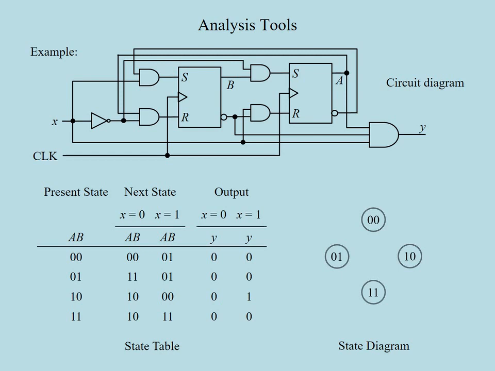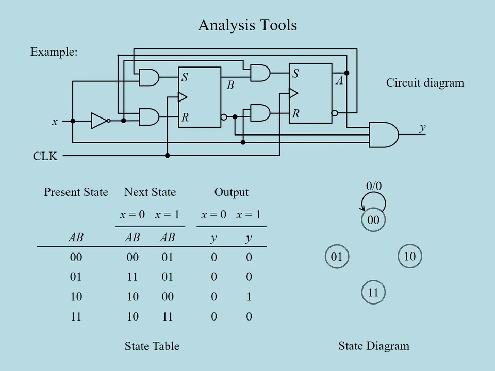The first line of the state table tells us that if the circuit is in state 0 0, and if the input X is 0, then the next state will again be 0 0, and the output will be 0. This information is shown on the state diagram by an arrow outgoing from 0 0 and pointing to the same state. The input and output values are indicated on this arrow as separated by a slash. The input is written to the left of the slash sign and the output is on the right.